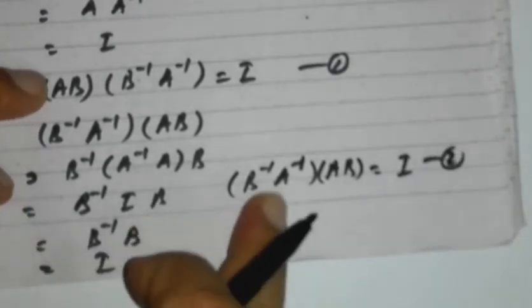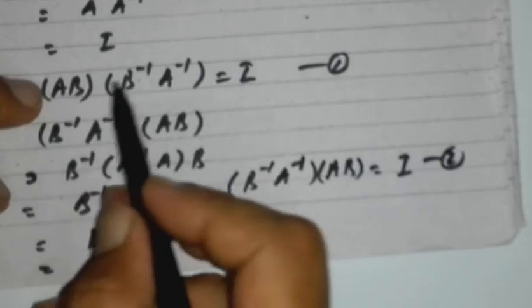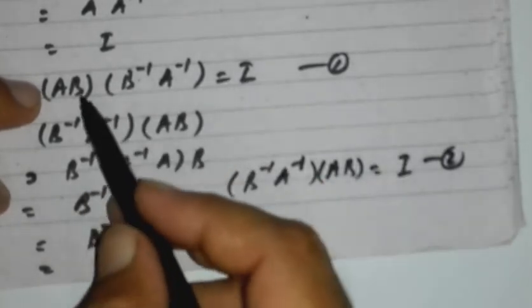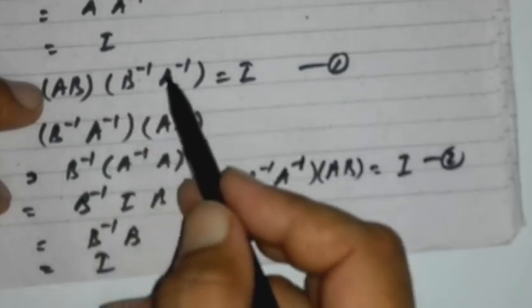From 1 and 2 it is proved that the product of these two gives I, and the product of these two gives I. It means that AB and B inverse A inverse are inverses of each other.